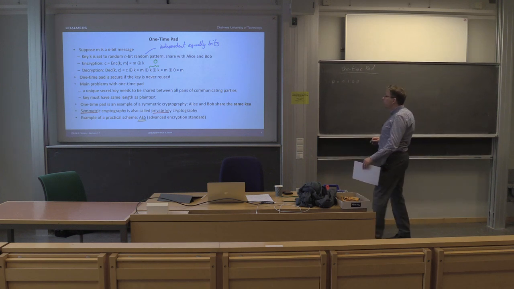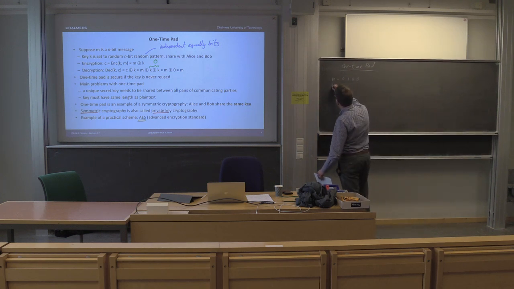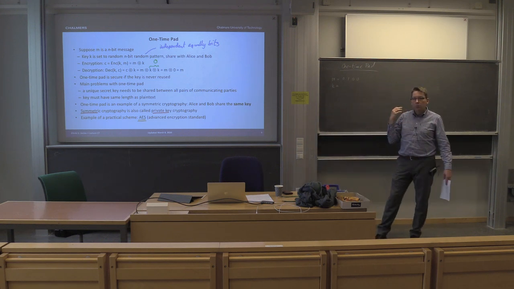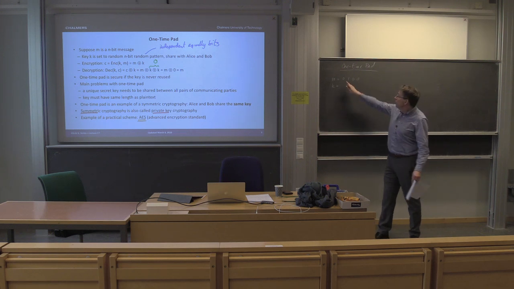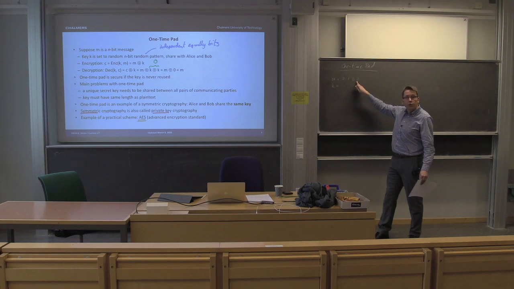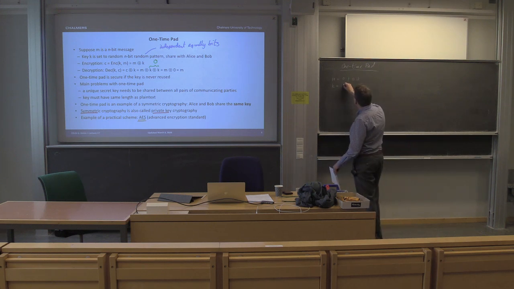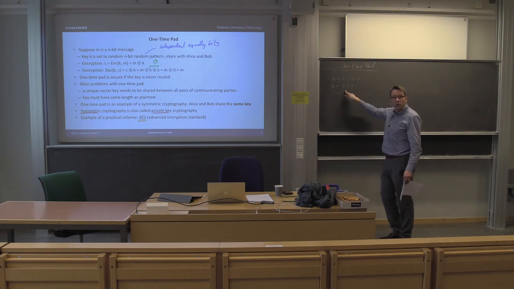So what we do then is that we generate the key. We run our key generation algorithm to generate 4 bits. We need 1, 2, 3, 4 bits, and these should be random, equally likely ones and zeros. So maybe it's 1, 1, 0, 1, like this. And then the ciphertext is just the XOR between these two things.